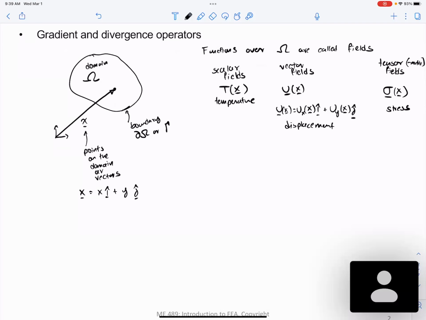The reason that the elasticity problem works with the stress field is that this is a tensor field. So that's why we leave that for the last part of the course.